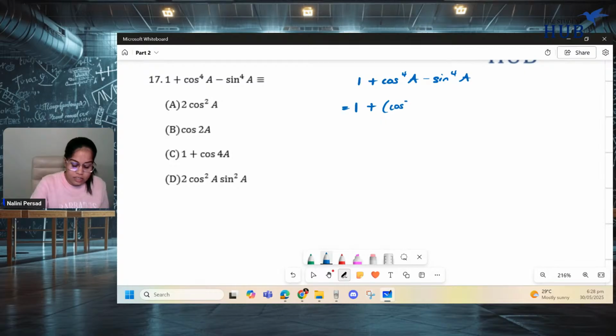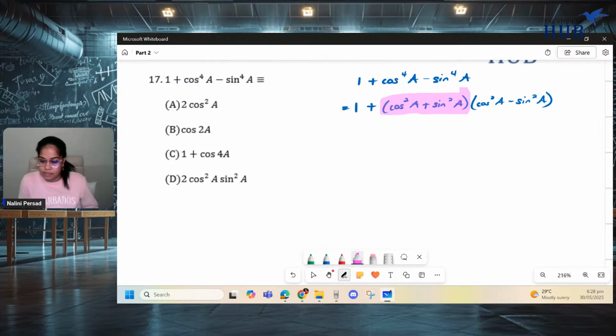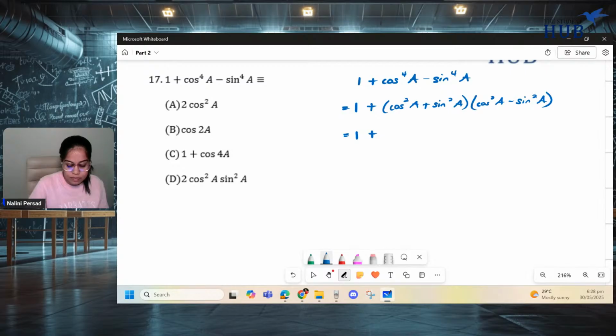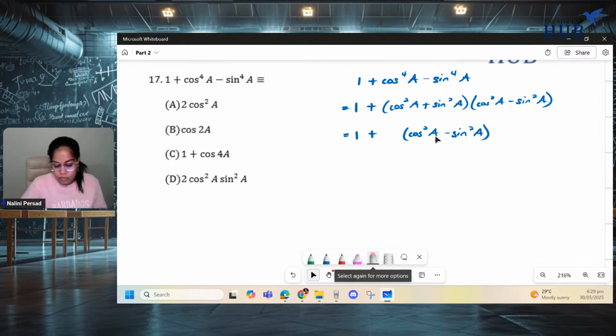So it's cos squared A plus sine squared A multiplied by cos squared A minus sine squared A. This should look like something. Cos squared A plus sine squared A is a very popular trig identity that is equal to 1. Right, so multiplying by 1 doesn't change anything.